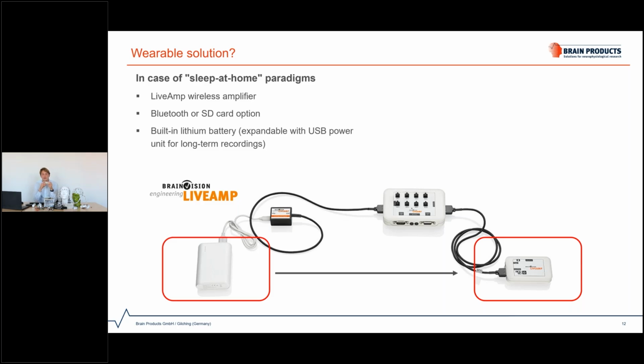It has a built-in lithium battery, which lasts around 4 hours, but the battery life can be further extended if we simply combine the amplifier with a USB power bank, the same kind you would use to extend the battery life of your smartphone.